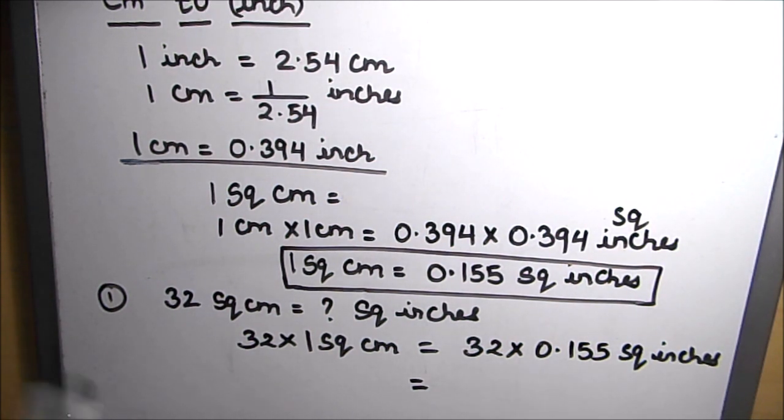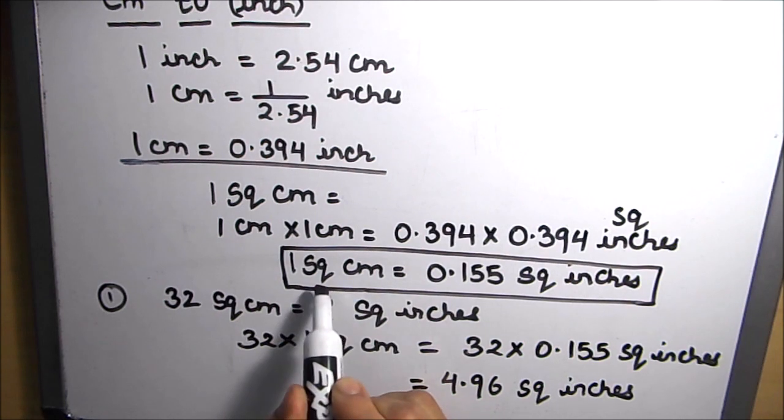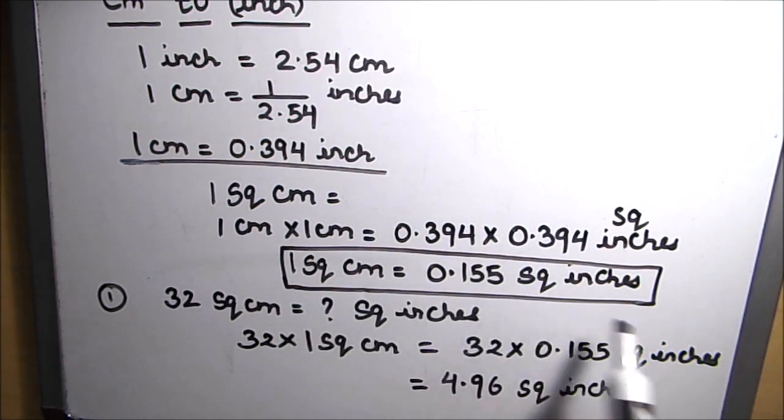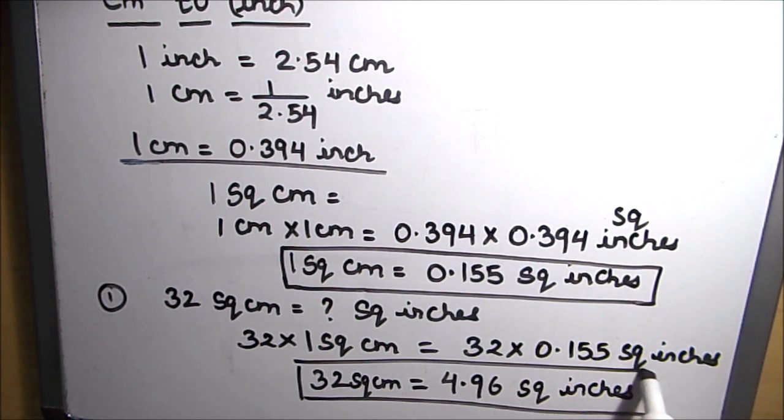So this will become 4.96 square inches. So if you know the conversion factor, that how much is 1 square centimeter, you can directly convert any square centimeters into square inches. So this is going to be our final answer.